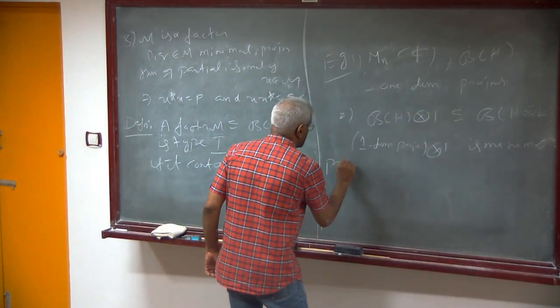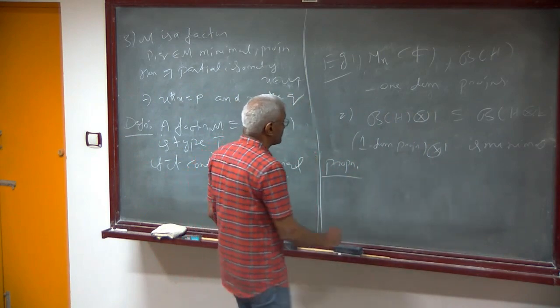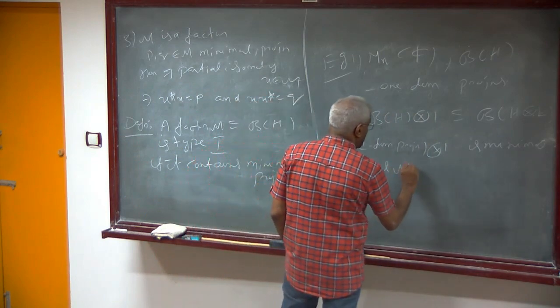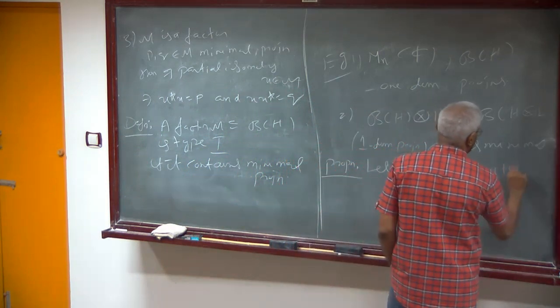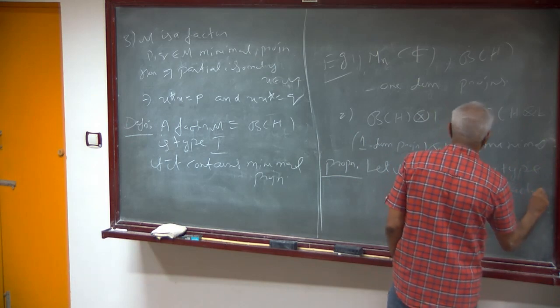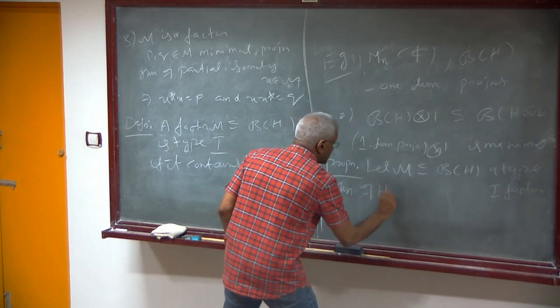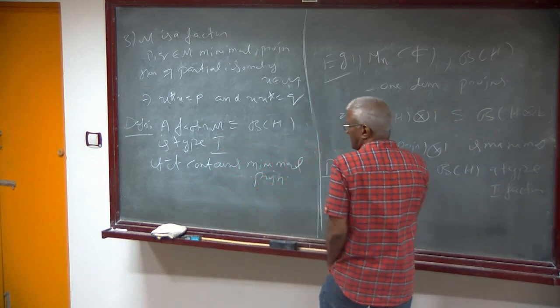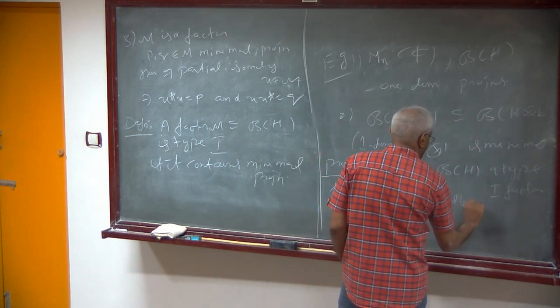So this is the proposition. Let M contained in B(H) be a type I factor, that is, it contains a minimal projection. Then there exist H_0, K. We always assume separable Hilbert spaces, so no need to confuse.